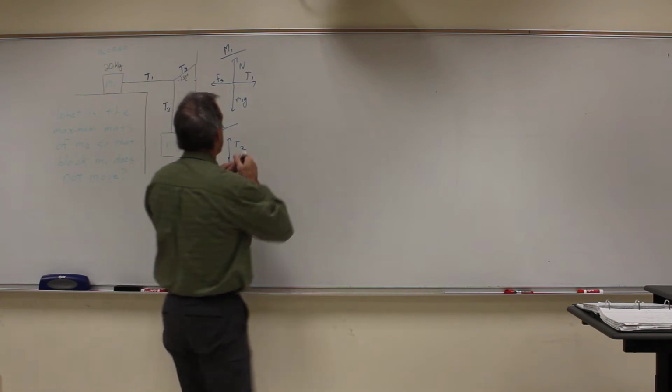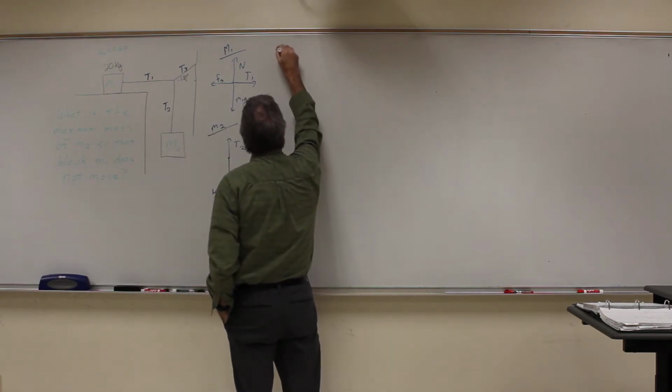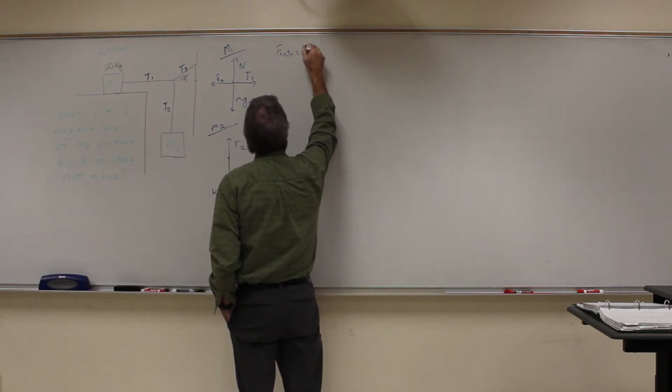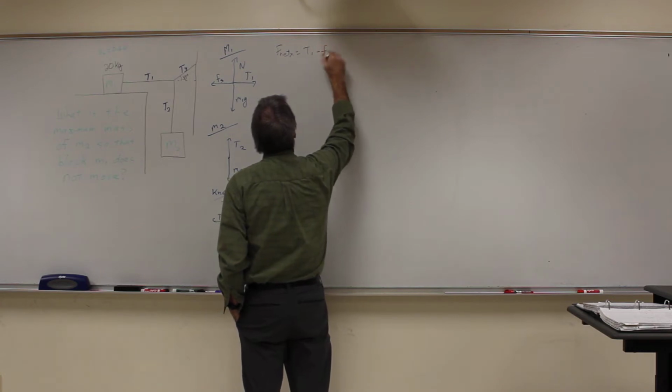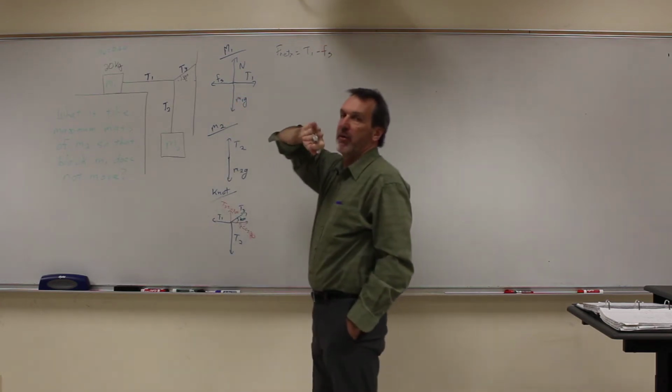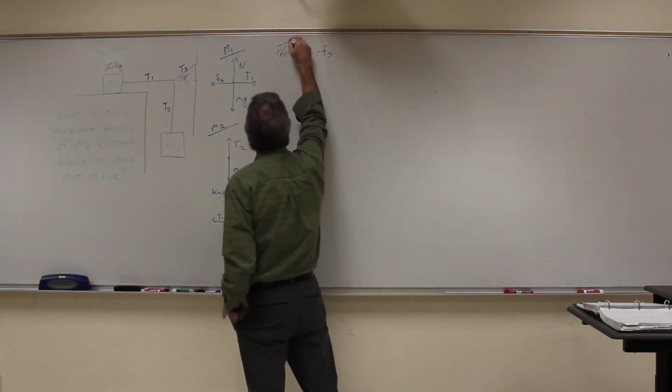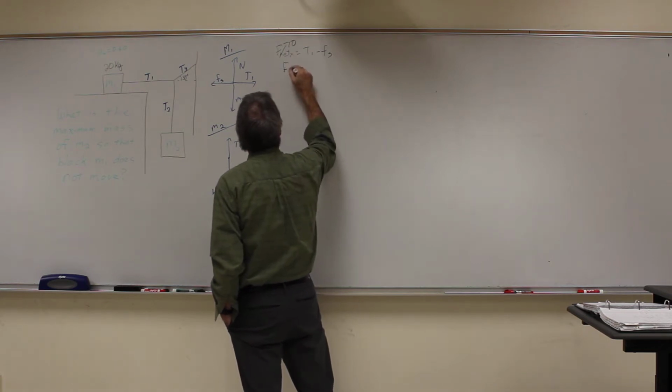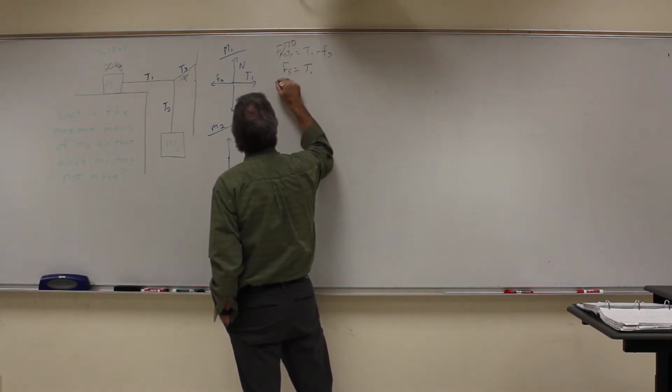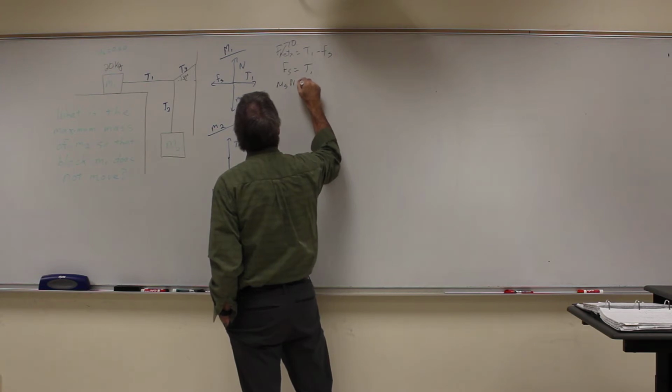So we're going to start up here with M1 and do F net X is equal to T1 minus the friction force. Since it's not accelerating, we replace this with 0. And we can just say the friction force is equal to T1, but the friction force is mu sub s times the normal force.